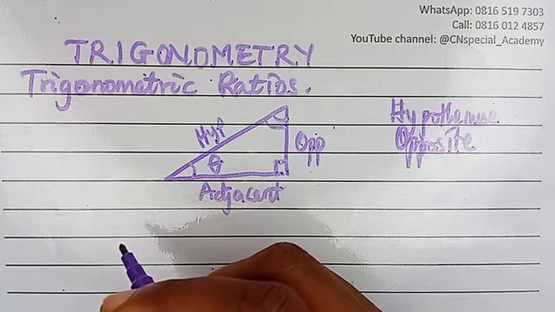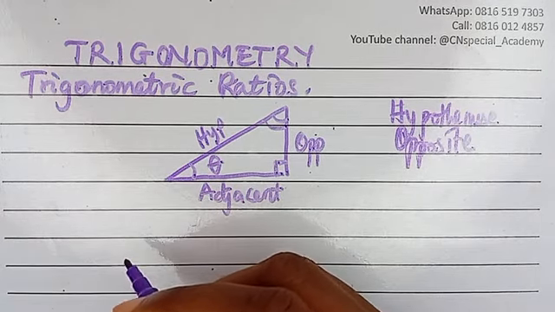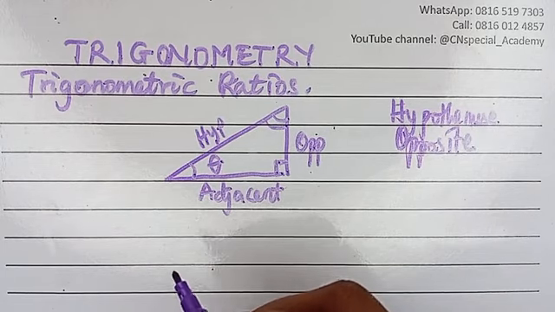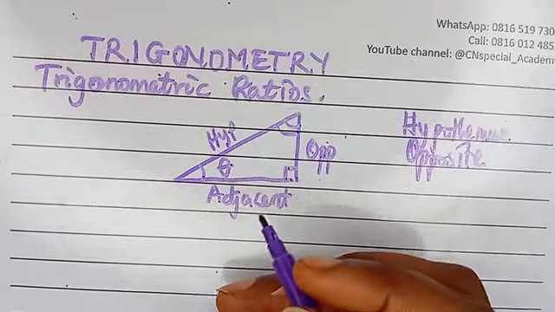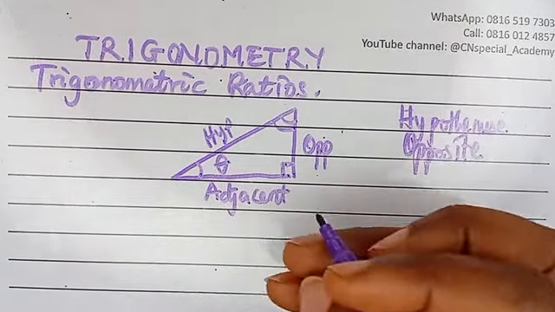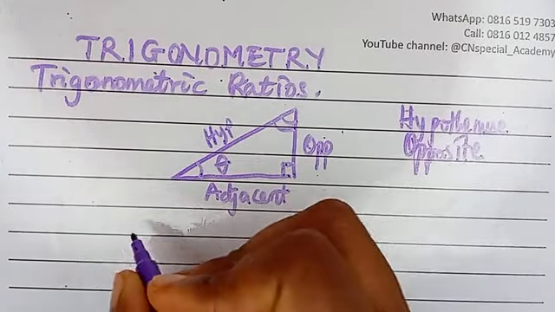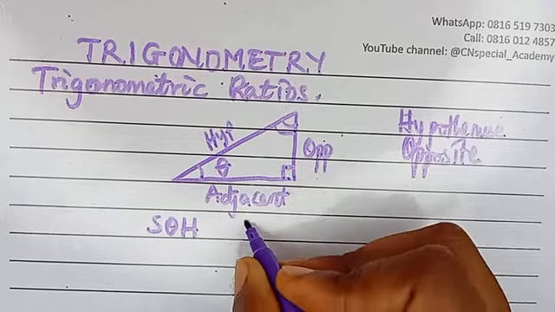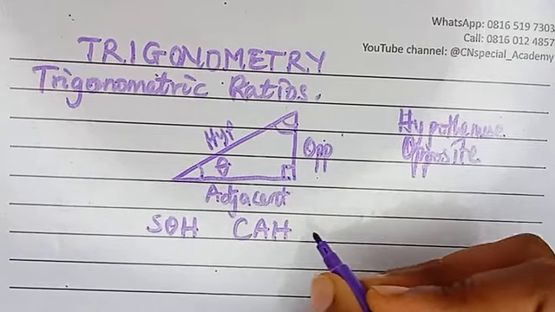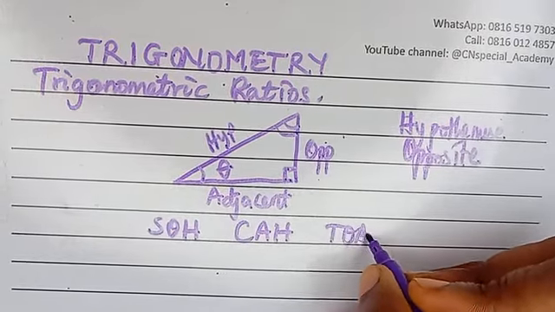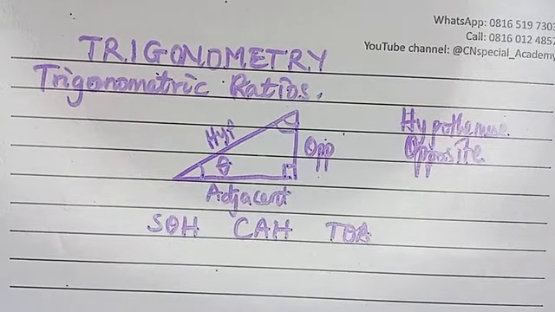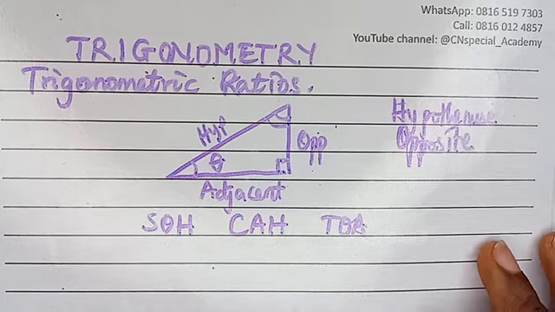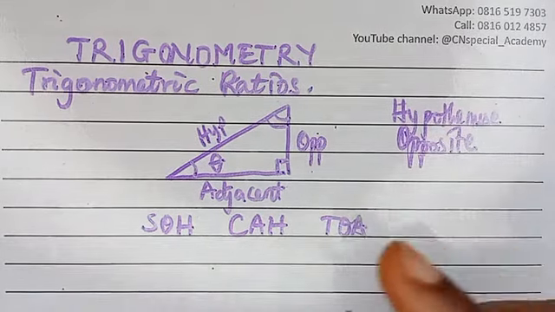Now, the basic trigonometric ratios are sine, cosine, and tangent. So for short, sin, cos, and tan. We'll be using SOHCAHTOA to find out how these trigonometric ratios are gotten.